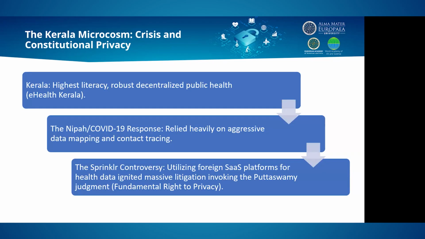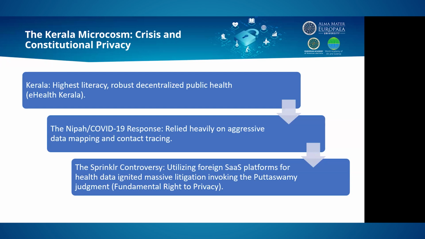To be more precise, my home state is Kerala, the southernmost part of India. Kerala has the highest literacy in India, and by world-class standards, 98% of the population is literate, and we have a decentralized public healthcare system. We had a Nipah virus outbreak just prior to the COVID-19 outbreak.